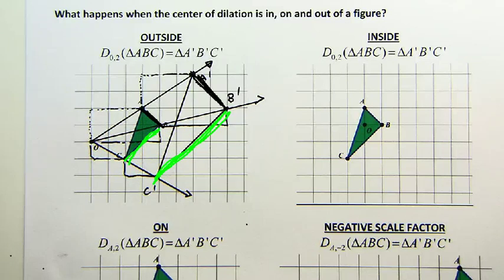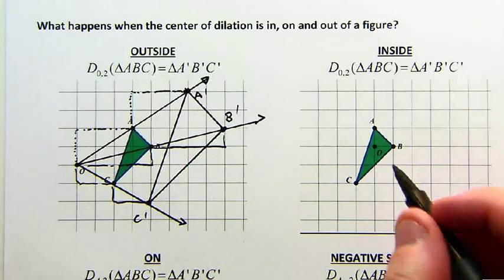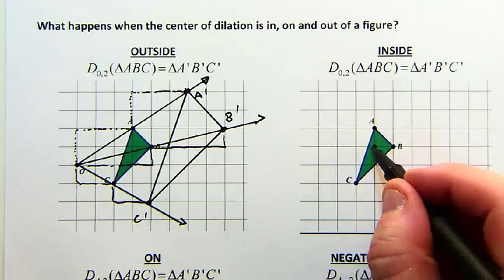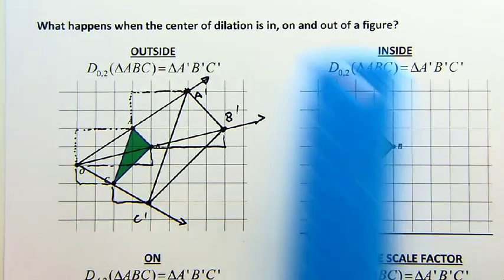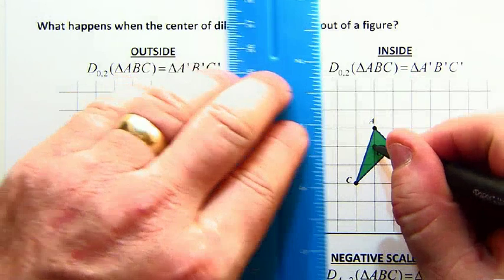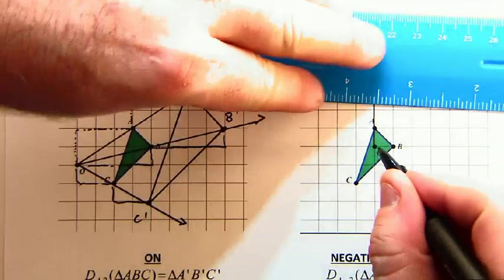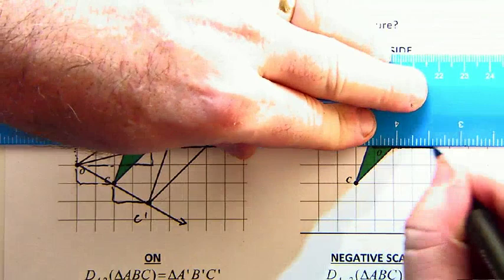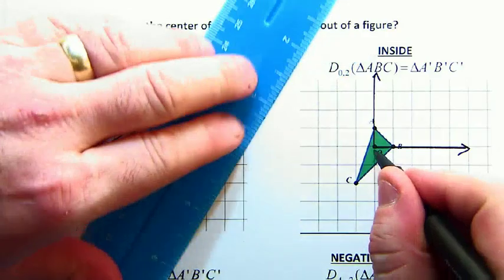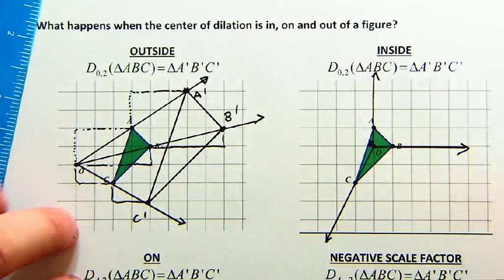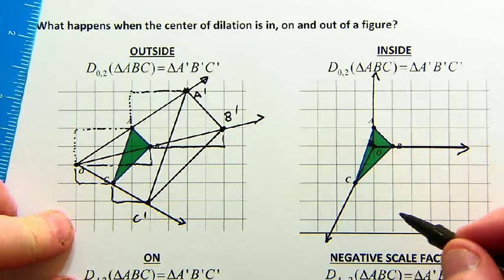And then if we come over here now, notice we are inside. So how do we dilate? Well, it's the same process. We dilate from center O and we create a ray from O through each of the vertices that we're going to move. And so here I go through C. And again, this seems to be the same scale factor of 2.